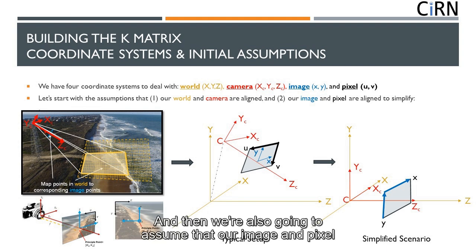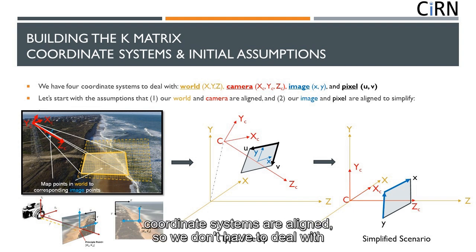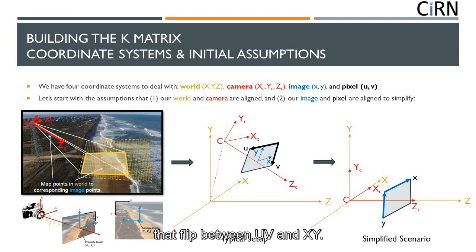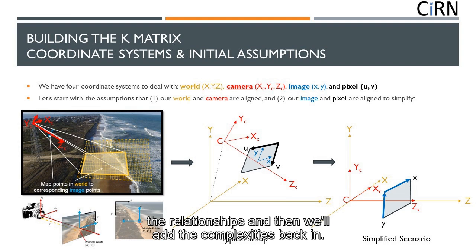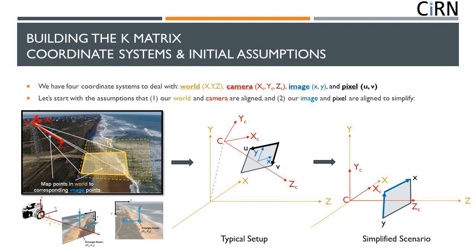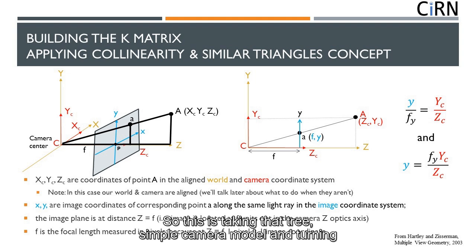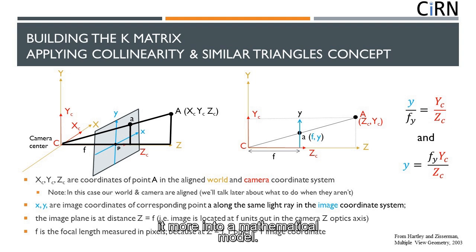And then we're also going to assume that our image and pixel coordinate systems are aligned, so we don't have to deal with that flip between UV and XY. So a little bit simpler scenario to walk through and understand the relationships, and then we'll add the complexities back in.